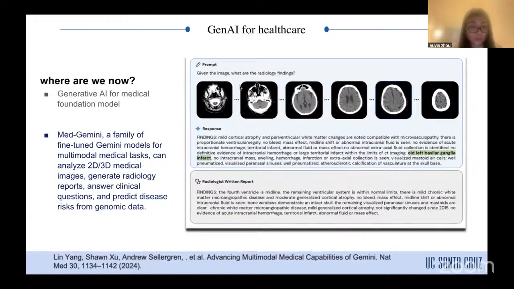Also, the Gemini paper released by Google DeepMind shows a family of fine-tuned Gemini models for multimodal medical tasks that can analyze 2D and 3D medical images, generate radiology reports, answer clinical questions, predict disease risk from genomic data, et cetera.